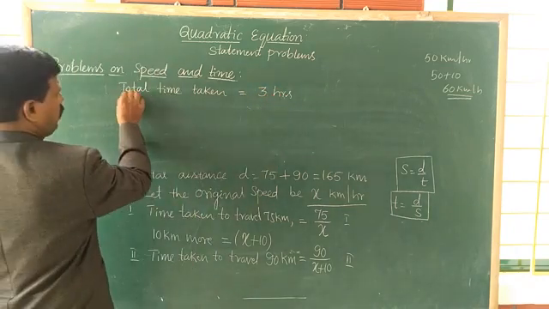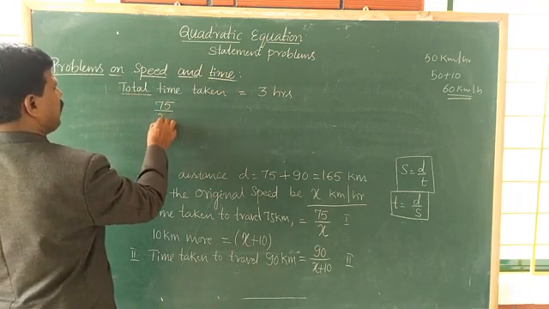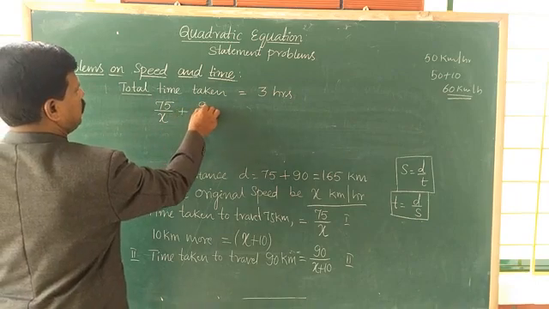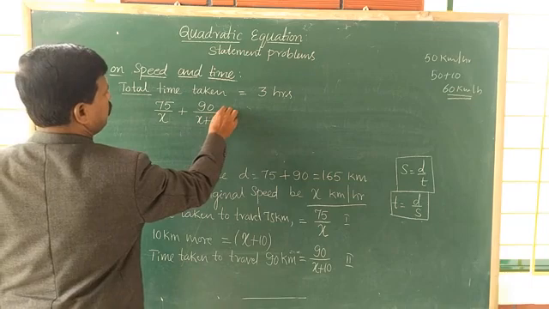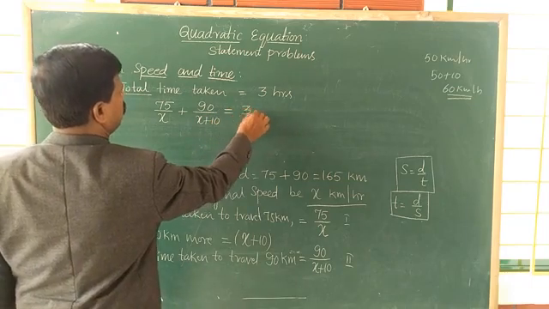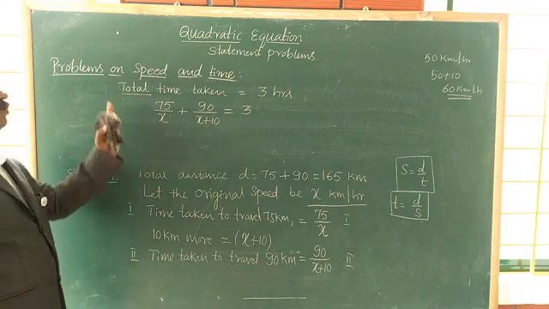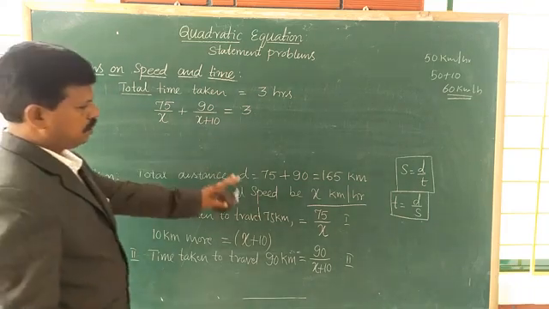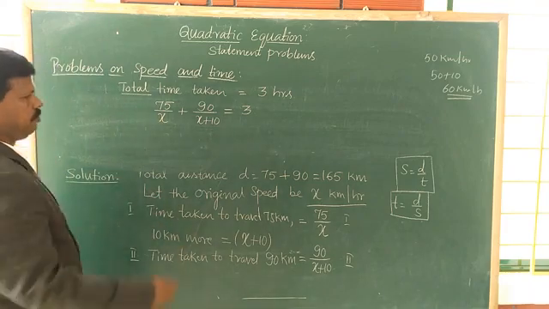Now the total time means 75 by x plus 90 by x plus 10 is equal to 3. Clear? This is the way to convert the statement word problem into equation form.